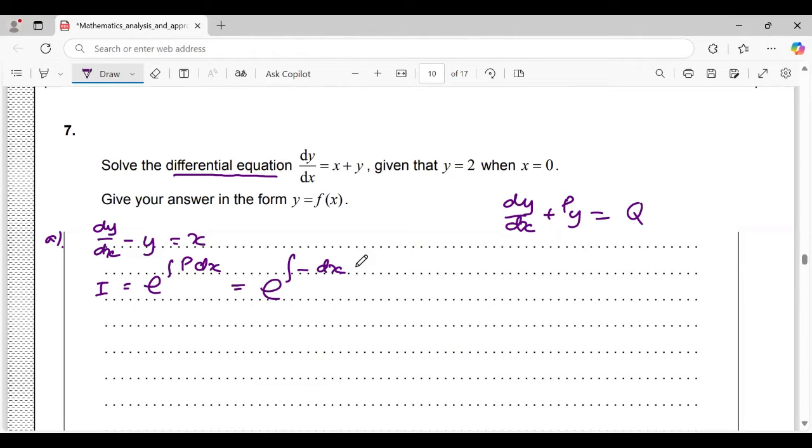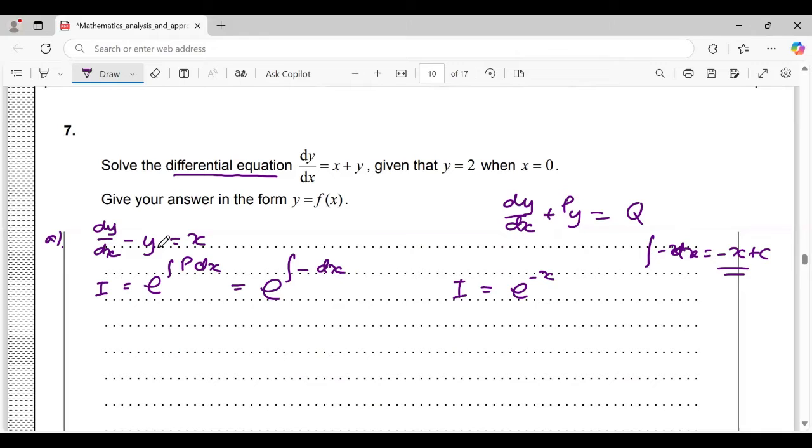So I equals e power minus x, because the integral of minus 1 dx is minus x plus c. And I equals e power minus x.